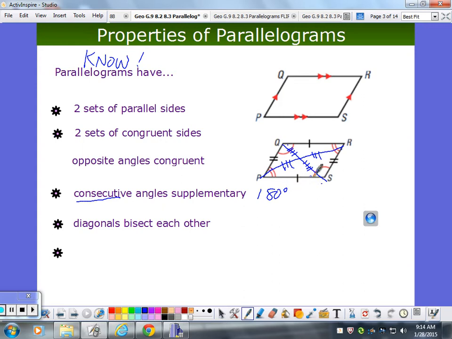Does that mean that all the pieces are congruent? Is this one congruent to that one? Not necessarily. This one and this one are congruent, this one and this one are congruent. Diagonals form two congruent triangles, meaning that this triangle and this triangle are congruent, and this triangle and this triangle are congruent.